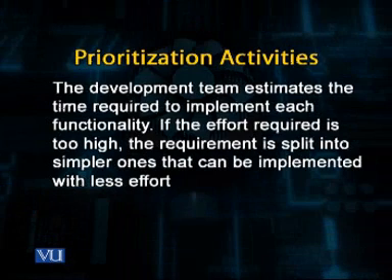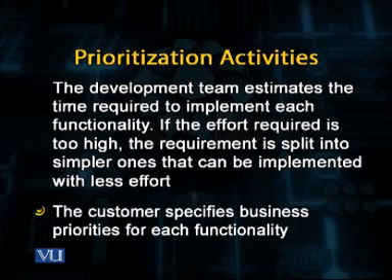The prioritization activities include that the development team estimates the time required to implement each functionality. If the effort required is too high, the requirement is split into two or more requirements so that they can be implemented in a shorter time scale. The customer specifies the business priorities for each functionality.